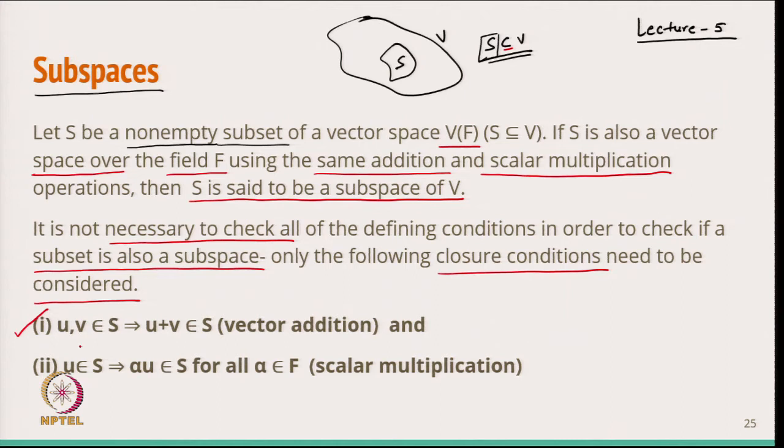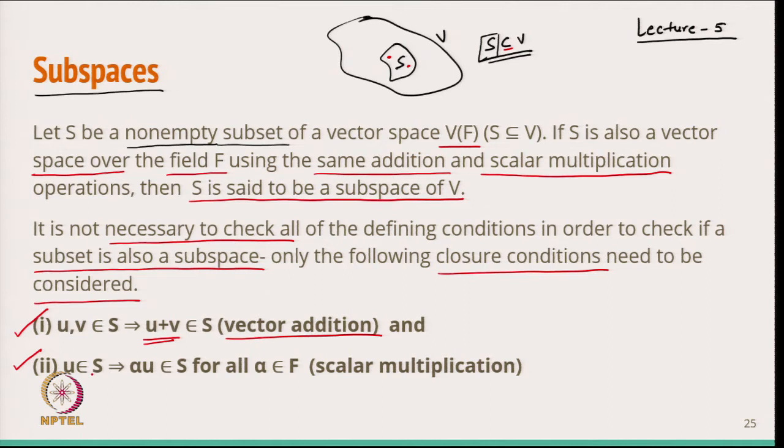It means that we need to check the vector addition. If I take 2 elements from S and apply the same vector addition we have defined, and the result belongs to S, then this property is satisfied. The other is scalar multiplication.